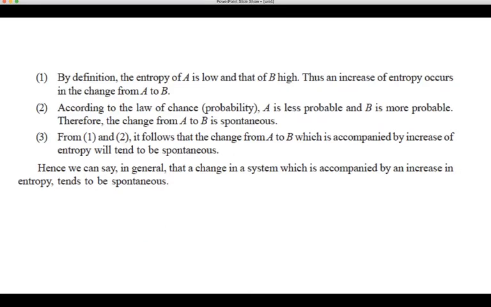So from this image we can get three points.